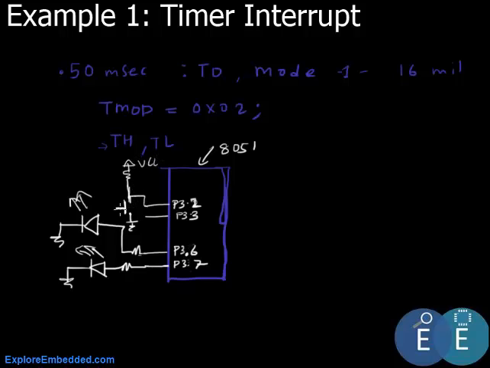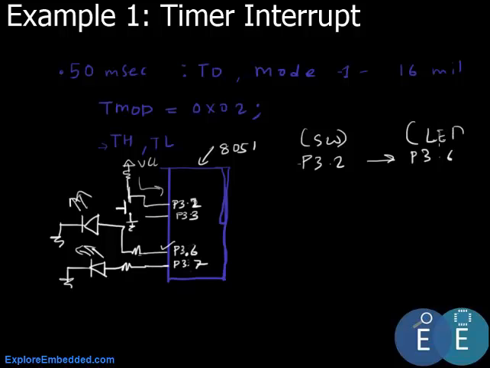Whenever it is off, we get a 0, and we get a 1 whenever it is turned on, and we turn on the LED which is connected to port 3.6. So we read the status from port 3.2, which is a switch, and show it on port 3.6, which is the LED.